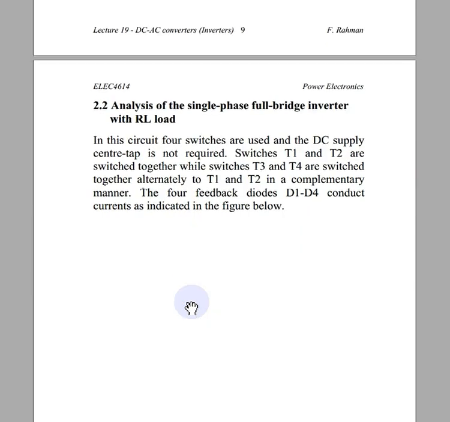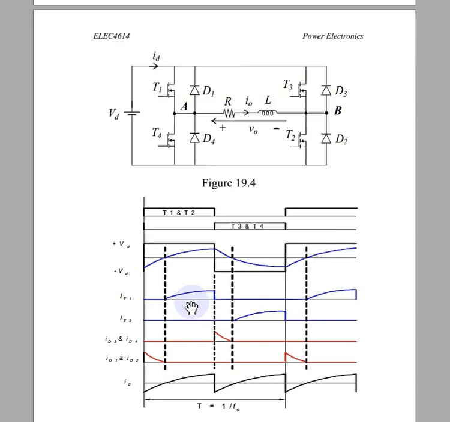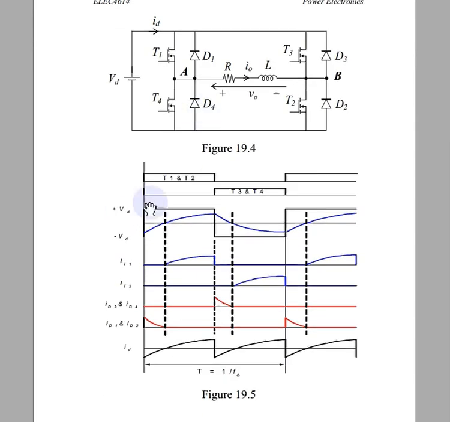Now the full bridge inverter. For this period diodes D1 and D2 will conduct, from negative to 0, and then T1 and T2. Similarly D3 and D4.